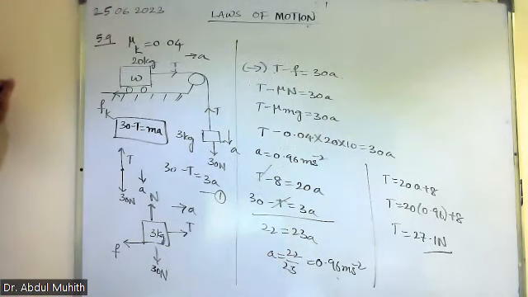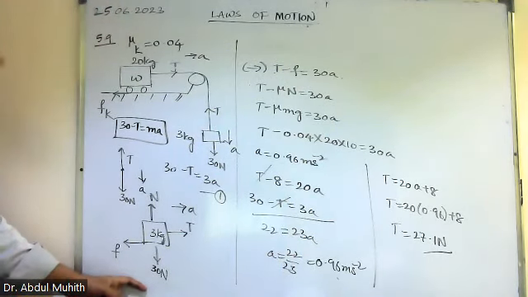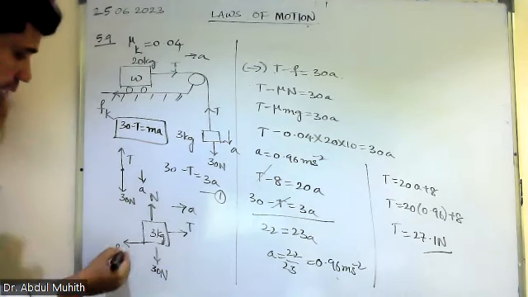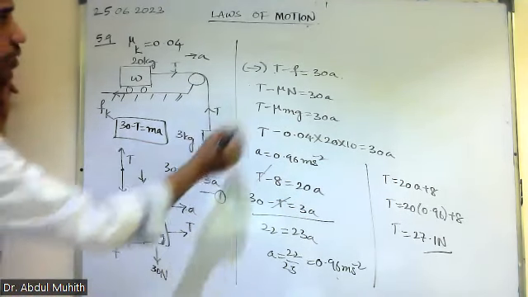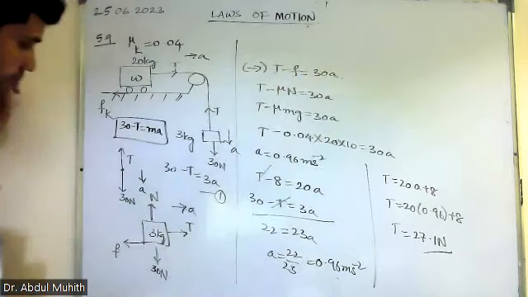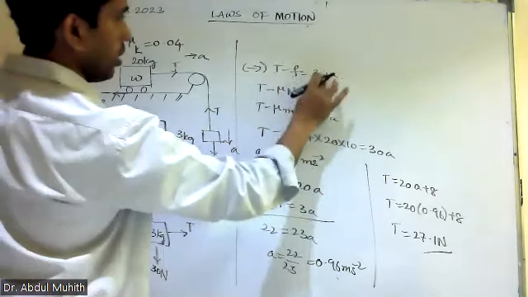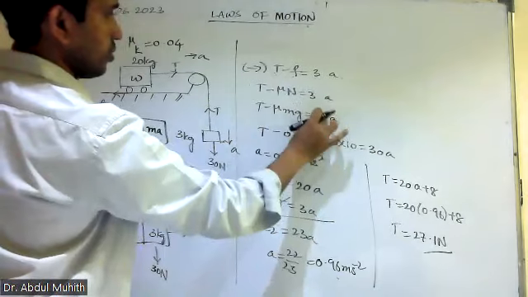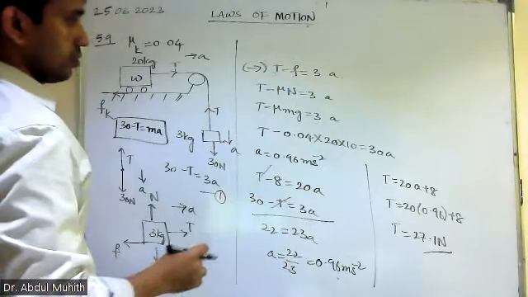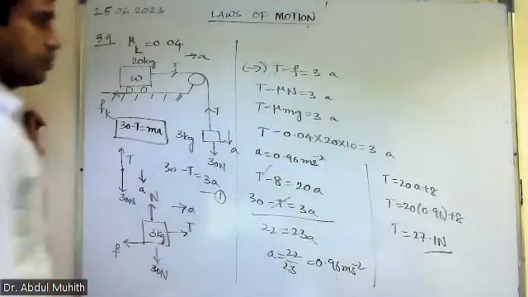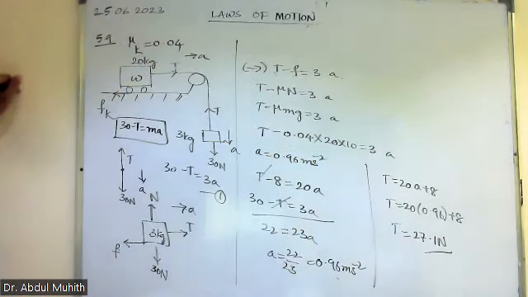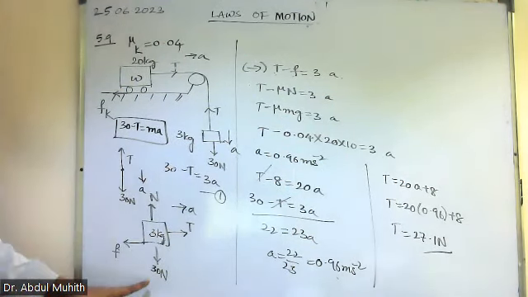Applied force T minus F equal to 3 into A. So sorry, I have to write 3 into A. This also should be 3 into A. Sorry, I didn't notice that. This is 3, not 30. This is 3 kg, so therefore 3 into 10 will become 30. Is it clear now? Yes.